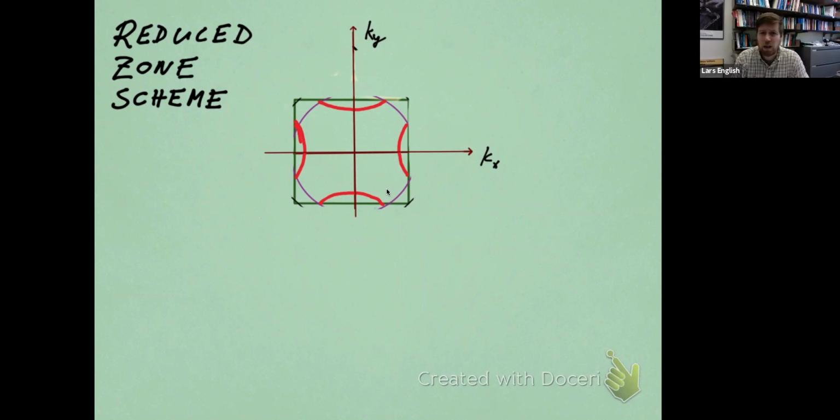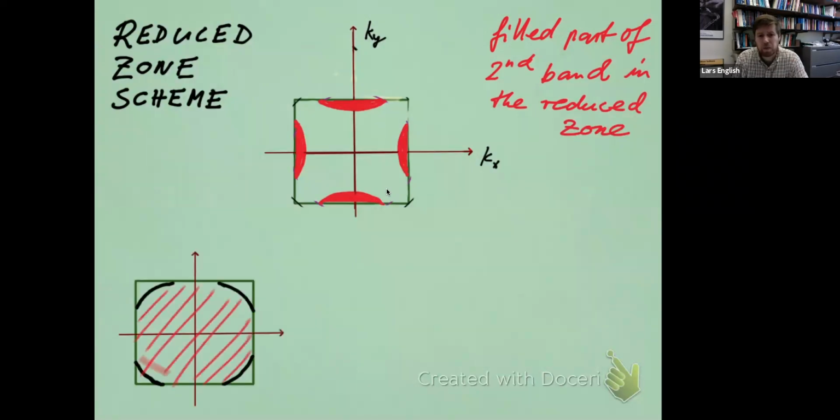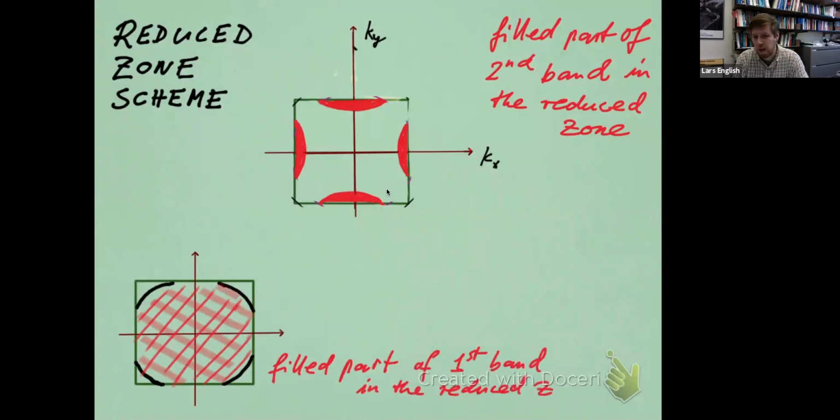We're focusing on the first Brillouin zone, but we have the second band here in red, right? So we have the filled part of the second band in the reduced zone scheme here in red. And then here in this picture, we have the filled part of the first band in the reduced zone scheme.